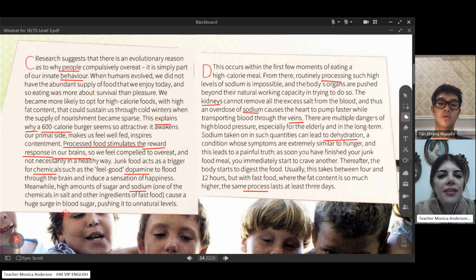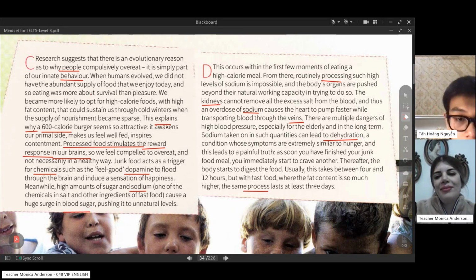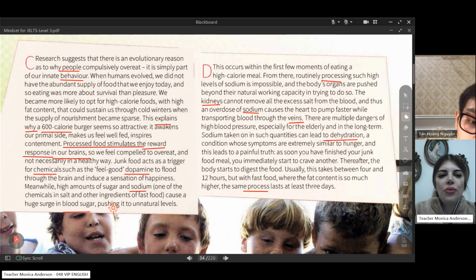I could find it. So you need to read before it and after it.